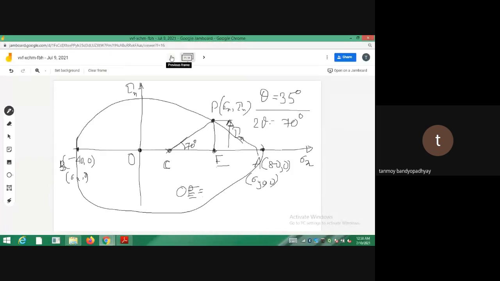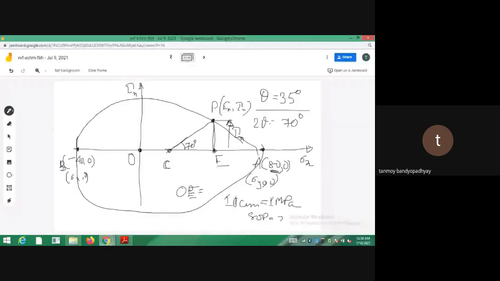Suppose 10 centimeter is equal to 1 megapascal. So what is 80 megapascal? You can find out. Using those lengths you measure, and then once you get these lengths in your scale, you have to multiply with the scales so that you arrive at the stress values.